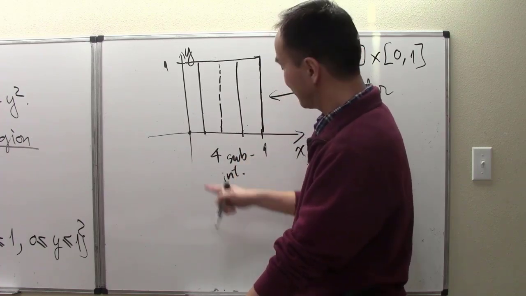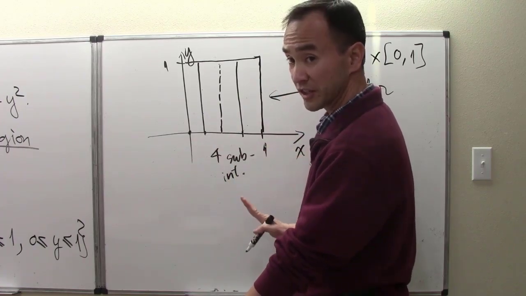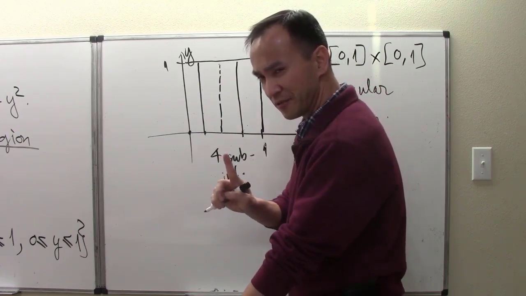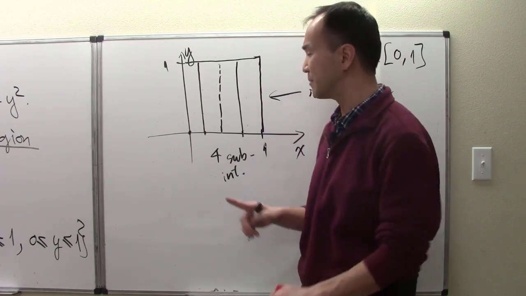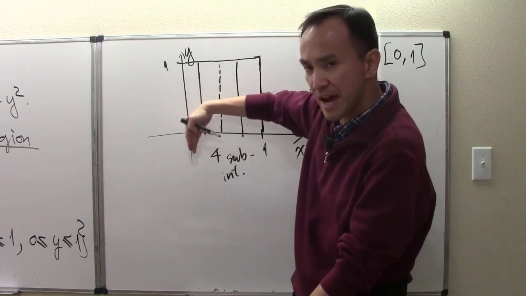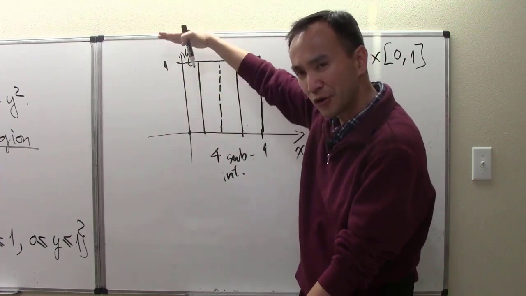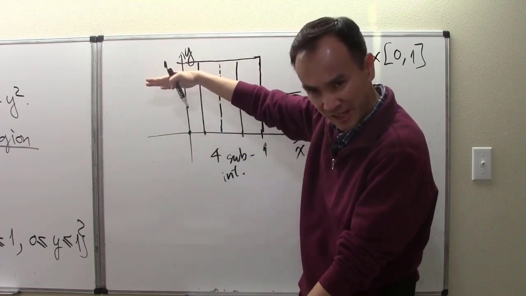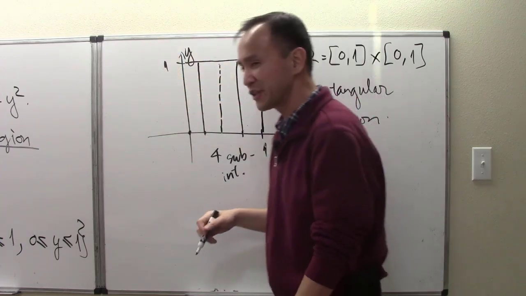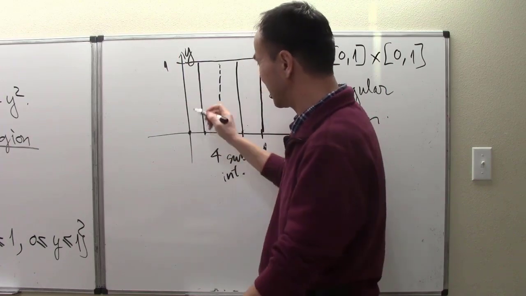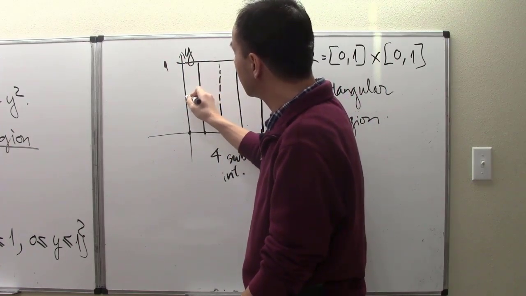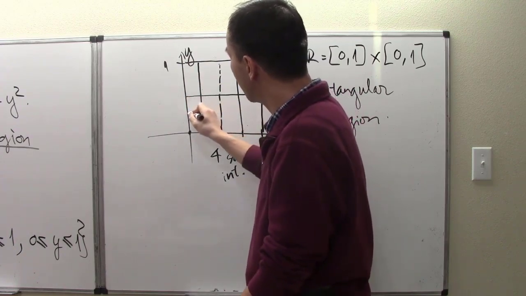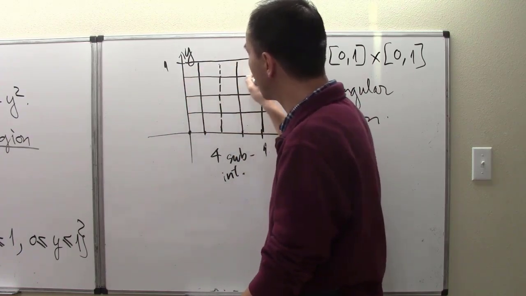So that's on the x-axis, and I'm going to do the same on the y-axis. Now, in reality, there's no strict requirement that the number of sub-intervals on the x-axis and on the y-axis have to be the same. There's no such hard rule. You can go 4 here and you can go 8. But the idea is that we're going to break each interval into a number of sub-intervals.